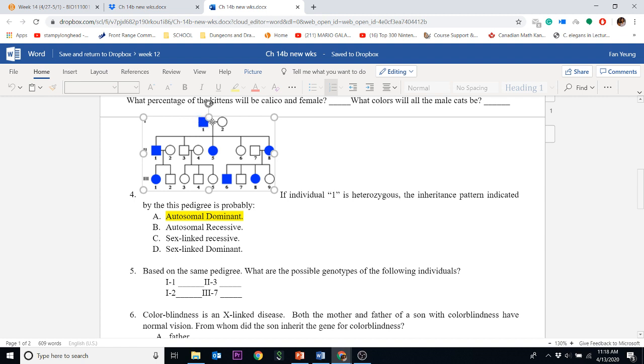So this parent here could be homozygous dominant or heterozygous dominant, correct? Then for recessive, in order to be a normal individual, you need to be homozygous recessive. So this parent here has to be 2 small letters.